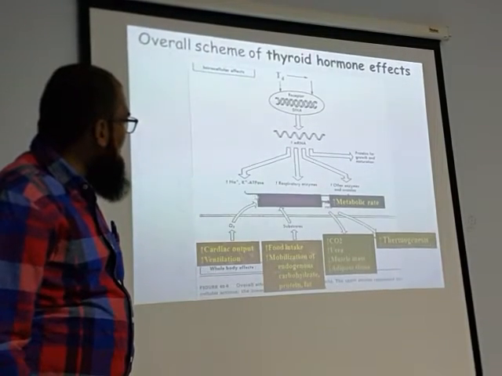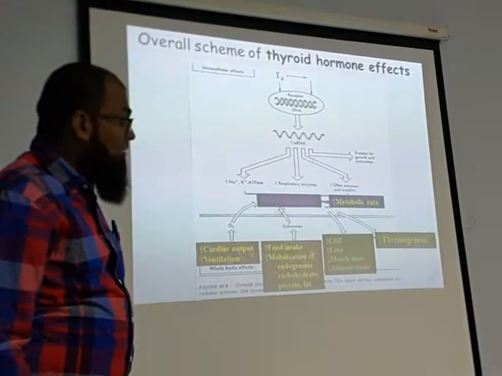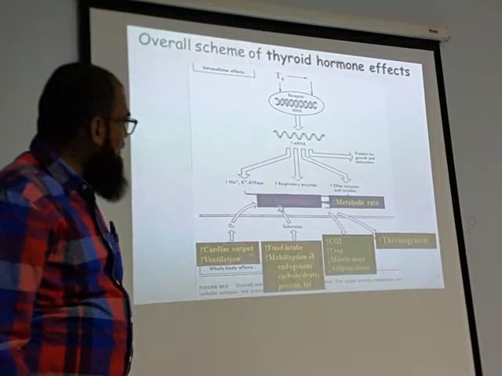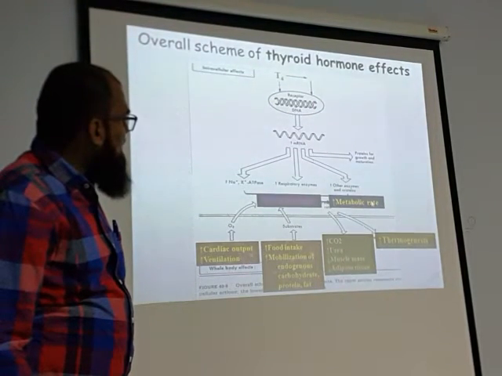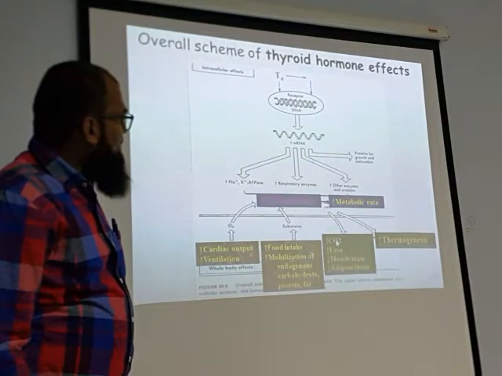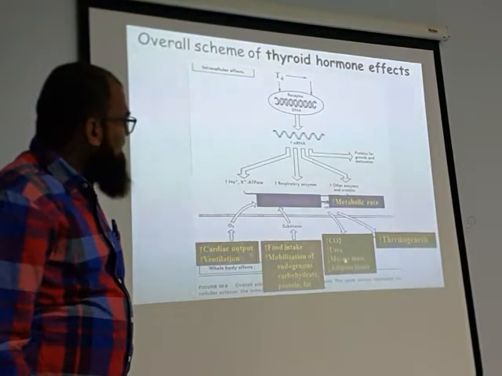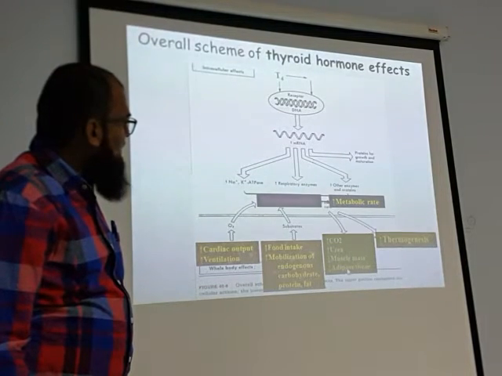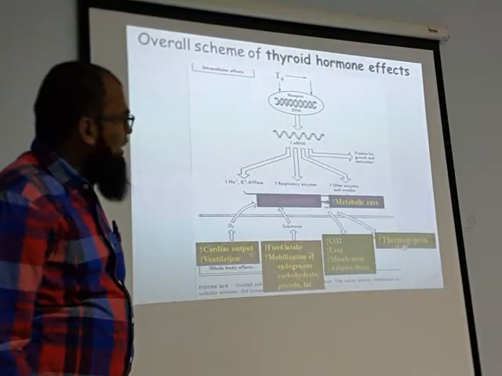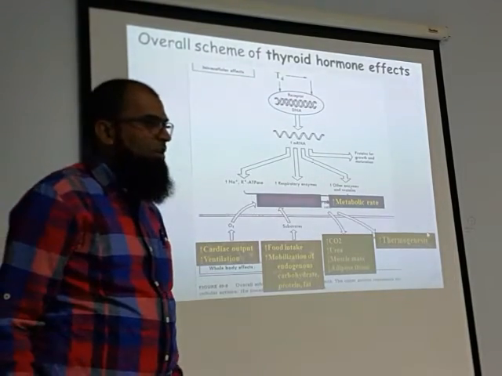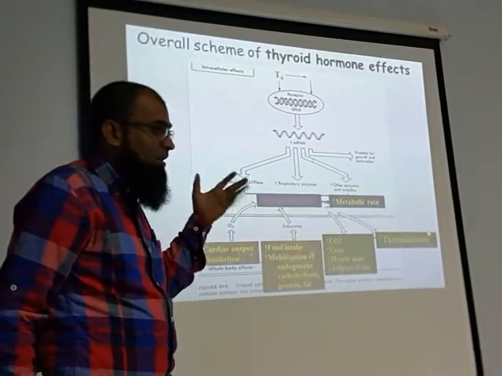This increases oxygen consumption, and there is an increased metabolic rate. Then carbon dioxide increases, muscle mass and adipose tissue decrease, and thermogenesis: more heat is produced in the body because of fat and carbohydrate.